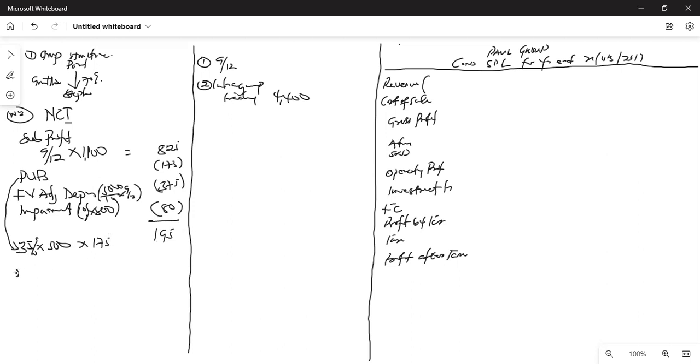Don't forget, then we now bring in our NCI, which is 30%. We multiply 30% of this 195. So how much do we have here? 58. So straight up, you know that your NCI share from your workings 2 will be 58. Okay. Easy peasy. The rest of the things, let's just go and start adding everything up.